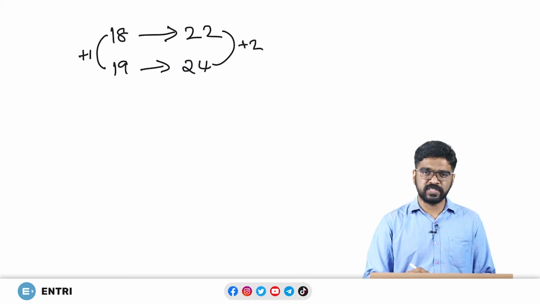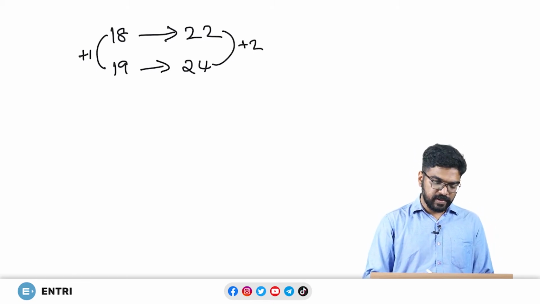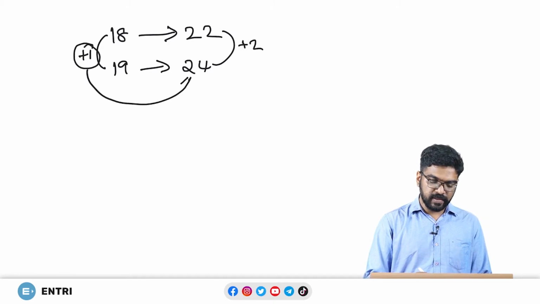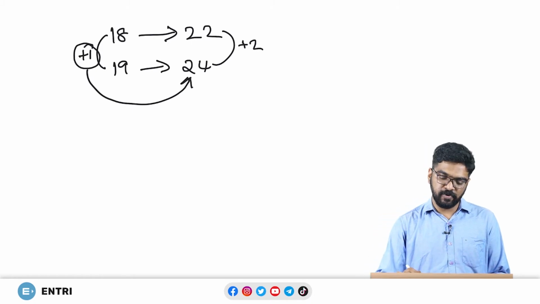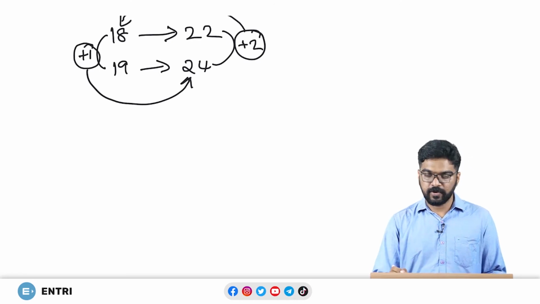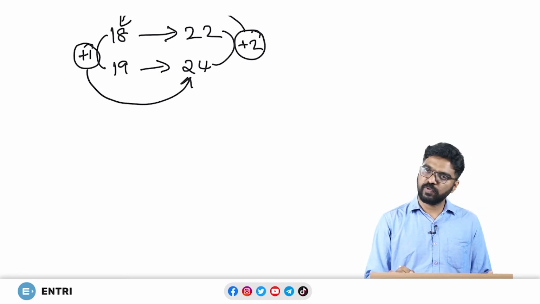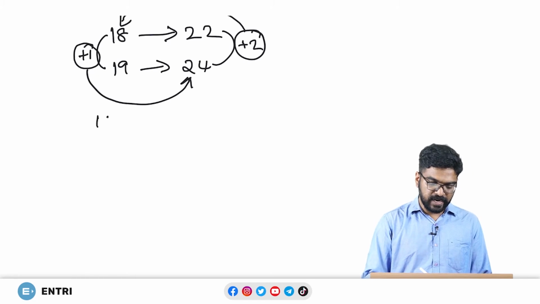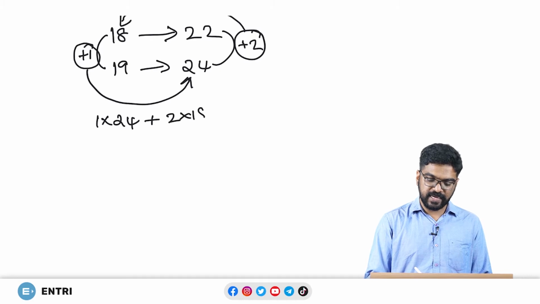Now what you have to do is, listen very carefully. The extreme left value, you multiply with the bottom right value, and the extreme right value, this deviation, you multiply with the top left value. So what will I get over here? 1 into 24 plus 2 into 18.